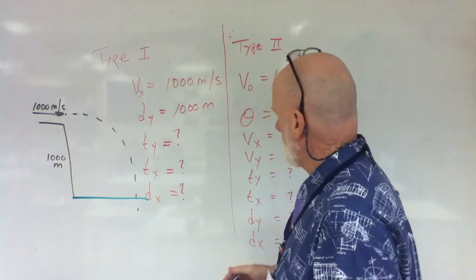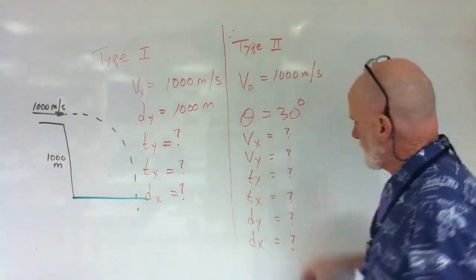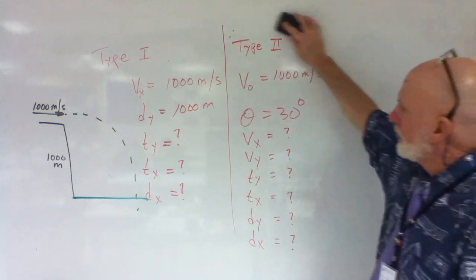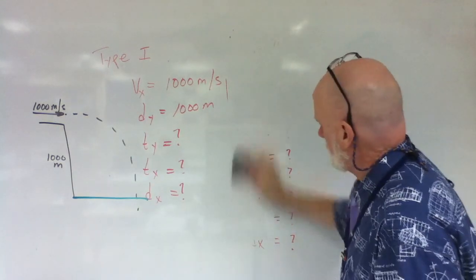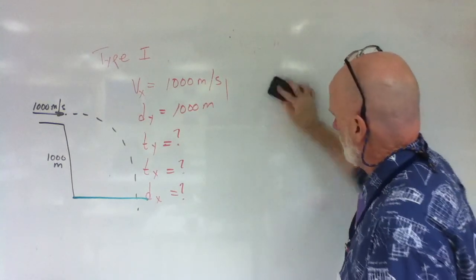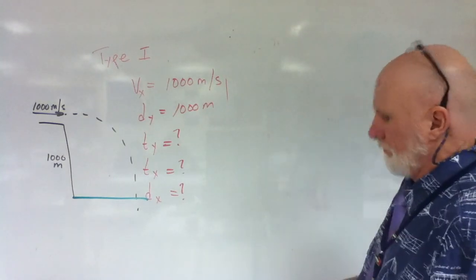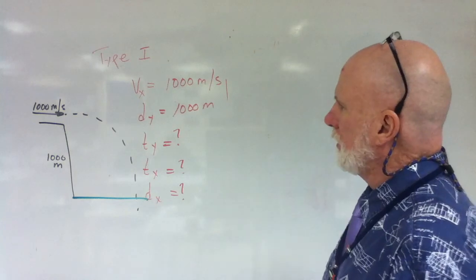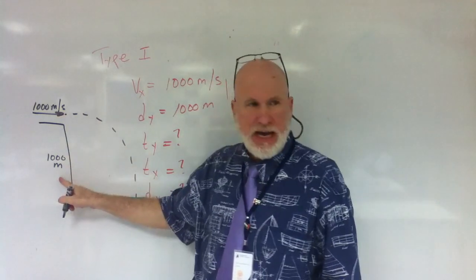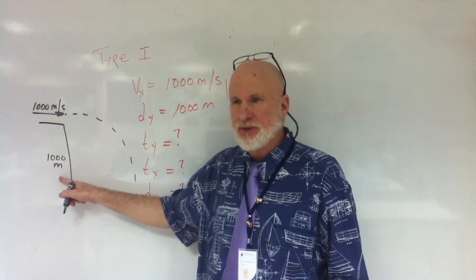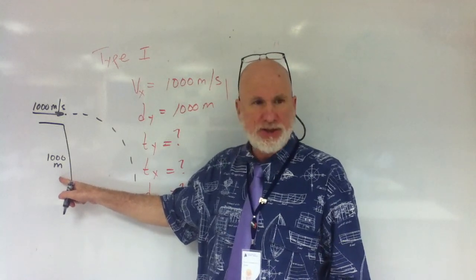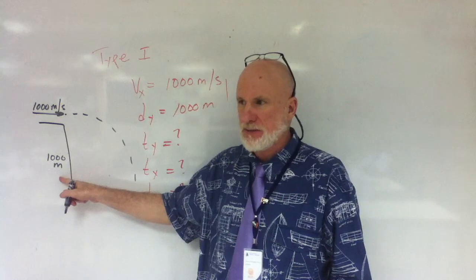All right, Ty. I'm going to get rid of this so I have room to work, and I'll just write those values back. This is the height, so we can find Ty. Let's start taking some shortcuts, because you're not going to learn this unless you do.